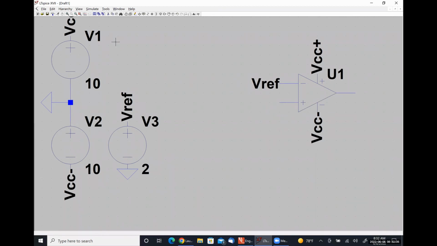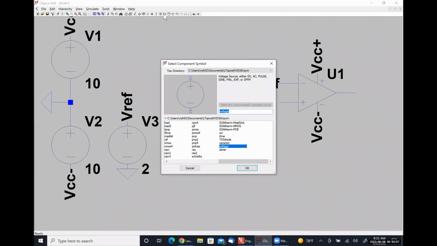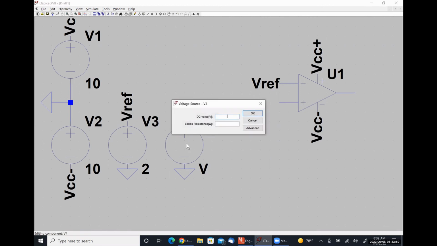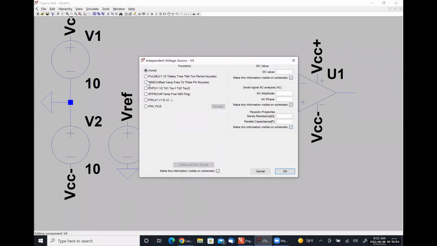All right, our last voltage source is going to be for my input voltage. I want my input voltage to range from -5 volts to +5 volts. So I'm going to use a sinusoid with a DC offset of 0 and an amplitude of 5.